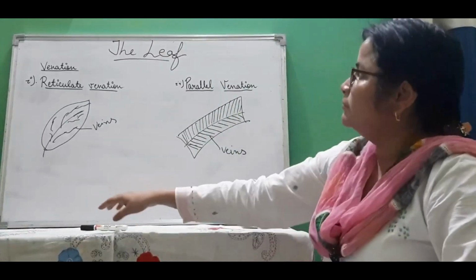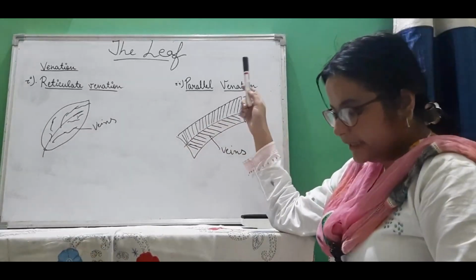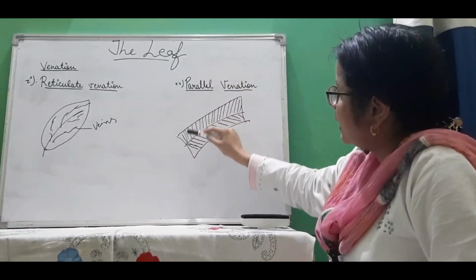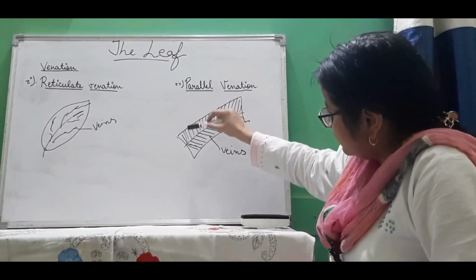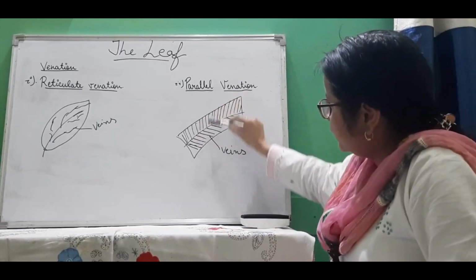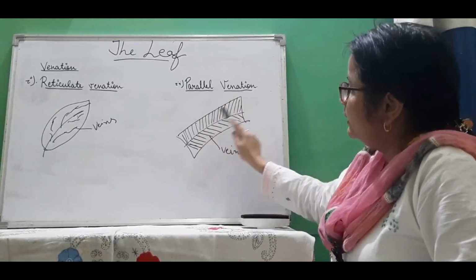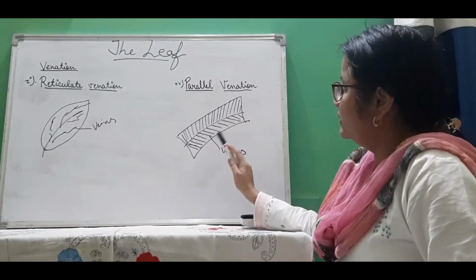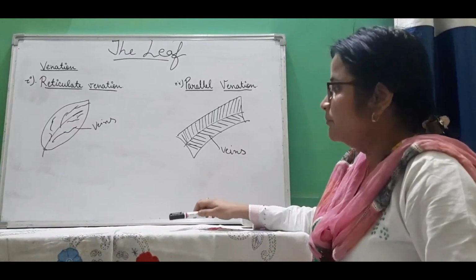Now the next type of venation is known as parallel venation. Parallel venation means the veins are not divided into many branches, but run parallel to each other in the lamina or the leaf blade. It is present in many types of leaves like grasses and banana leaf.